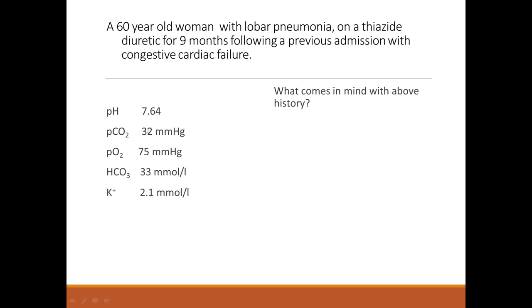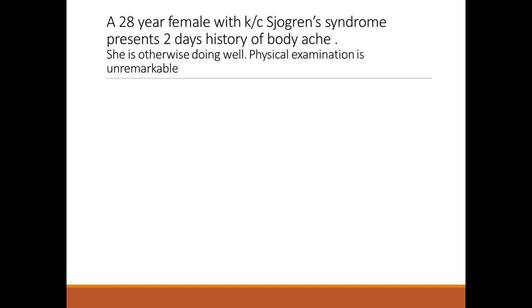So it is towards the respiratory alkalosis. If this would have been a single disorder, then the compensatory bicarb should be lesser than 24, but it is more than 24. So simultaneously a metabolic component of alkalosis is here along with the respiratory alkalosis. So we are dealing with a patient of metabolic alkalosis plus respiratory alkalosis.